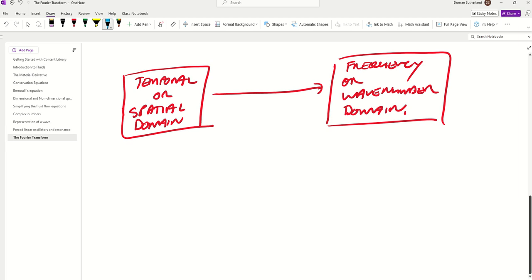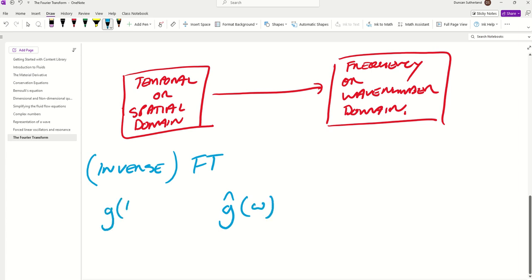So we need an inverse transform. I'll just write ft for the Fourier transform. This takes g hat of omega and returns g of t.